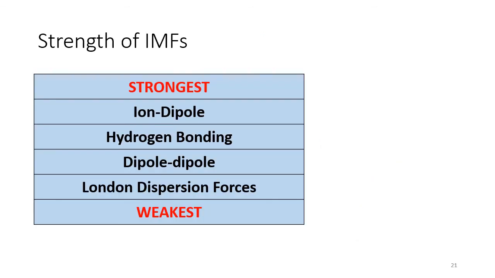The following gives a ranking from strongest to weakest of the 4 intermolecular forces we learned about. Ion-dipole being the strongest, followed by hydrogen bonding, then dipole-dipole interactions, with London dispersion forces being the weakest. They are only present in nonpolar molecules as their major intermolecular force.